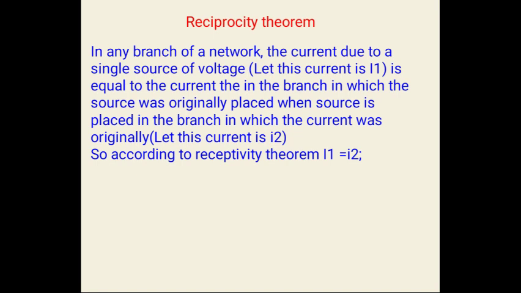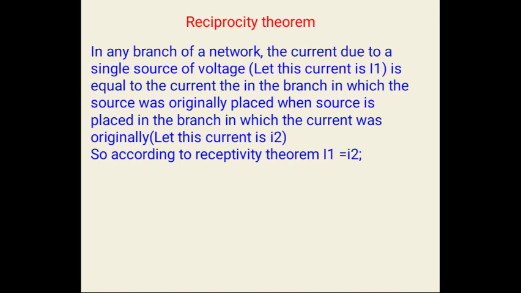Simply, the meaning of the reciprocity theorem is that when a network consists of only one voltage source, we have to find the value of current in any branch of the circuit. We select a branch to prove reciprocity and find the value of current in that branch.